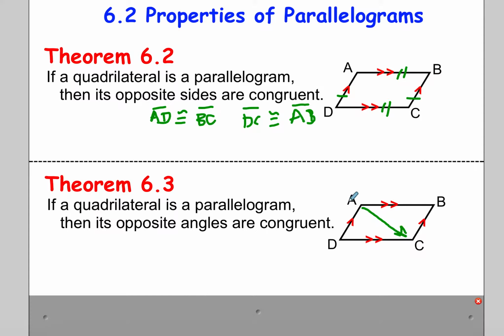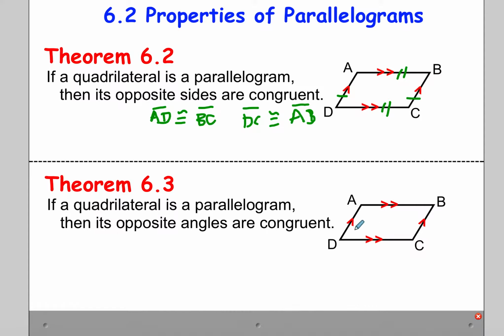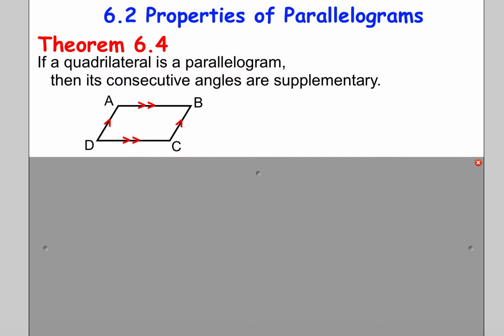So the opposite angle of A is C. So if this is a parallelogram, which it is, we're given that both pairs of opposite sides are parallel, then we can know for certain that angle A is congruent to angle C, and angle B is congruent to angle D. All right. So we know that the opposite sides are parallel and congruent. We also know that the opposite angles are congruent in a parallelogram. All right, here we go. We're getting close. 2 more slides.